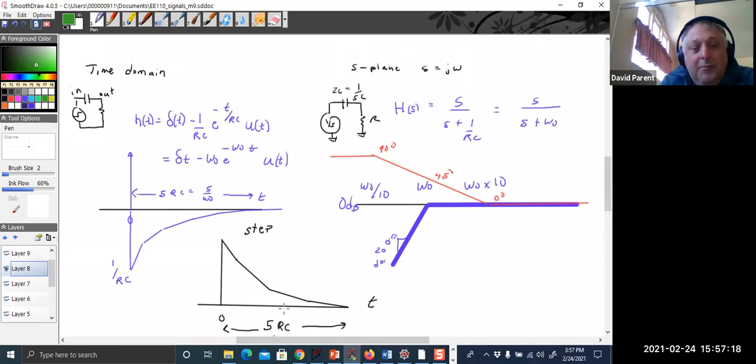So here we have the high pass. Here's the time domain. Right, here's the frequency domain. And we're not going to talk too much about the phase. All right. But here, right, I have the delta function, and then I have that minus that decaying exponential.